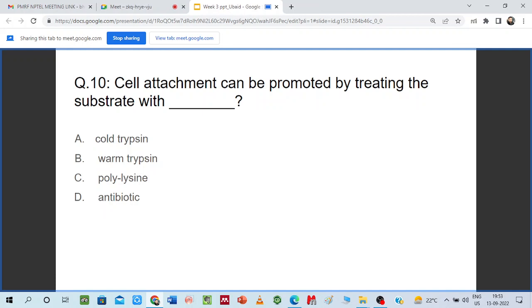After that, extracellular matrix like collagen was used in the late 90s as a coating material. And now polylysine is mostly used, as it is a non-specific cell surface attachment. It does not have specificity to any type of cell.